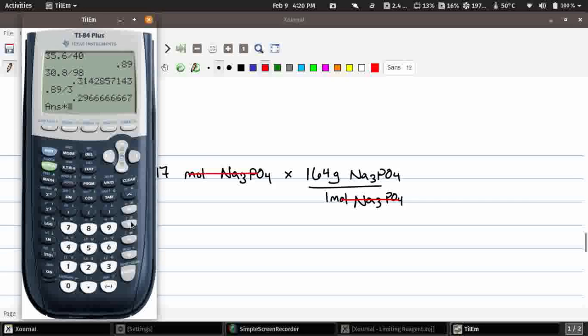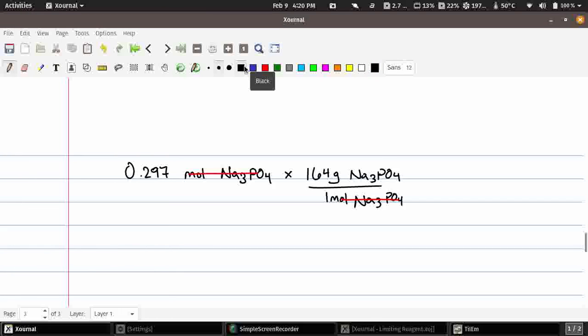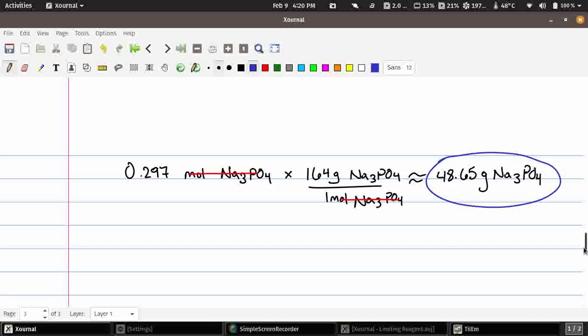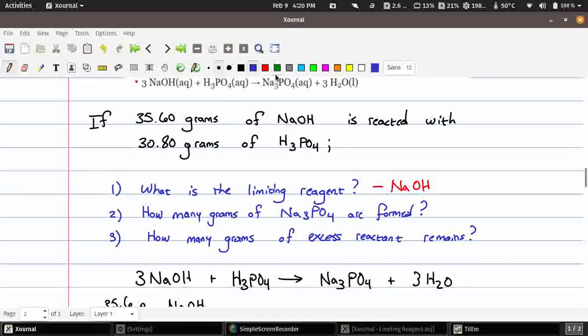Multiply this number times 164, and we end up with approximately 48.65 grams of sodium phosphate. That would be the answer to number 2: 48.65 grams Na3PO4.